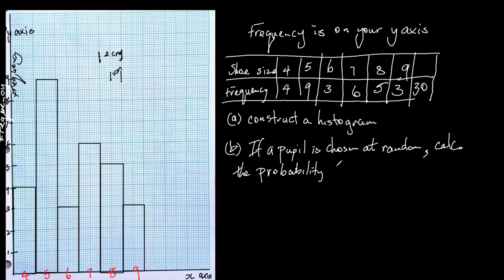that the shoe size is size 4. What is the probability that the shoe size is size 4?